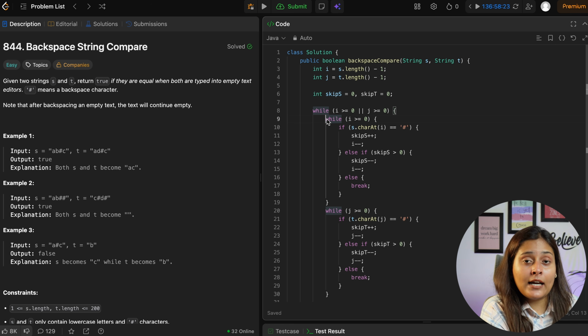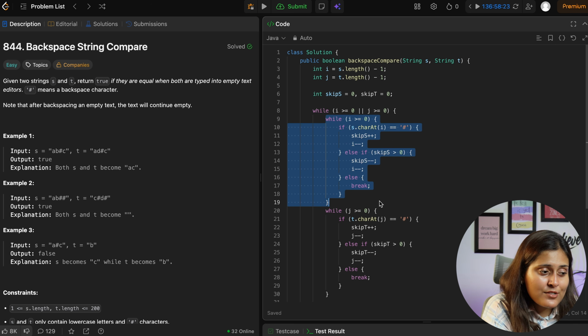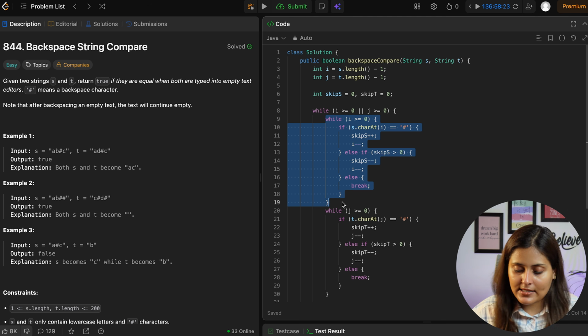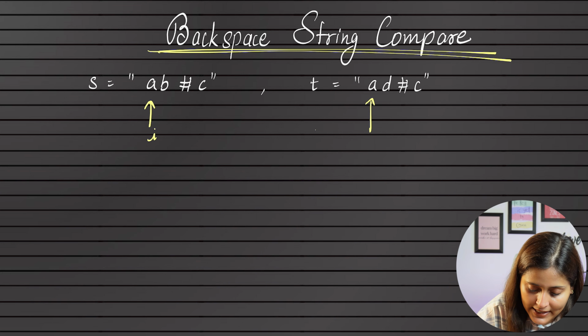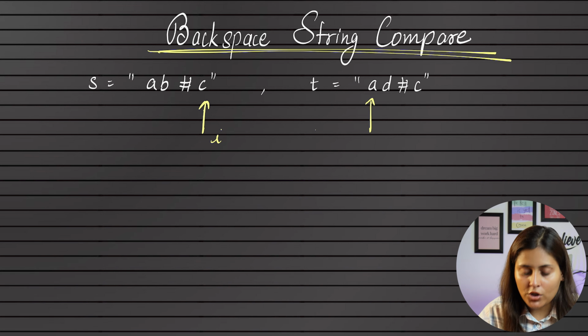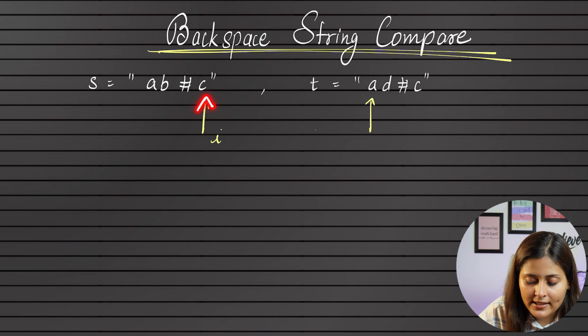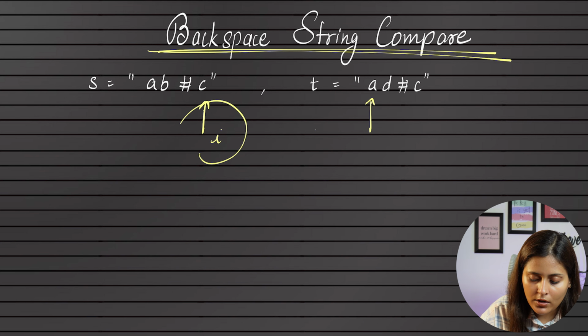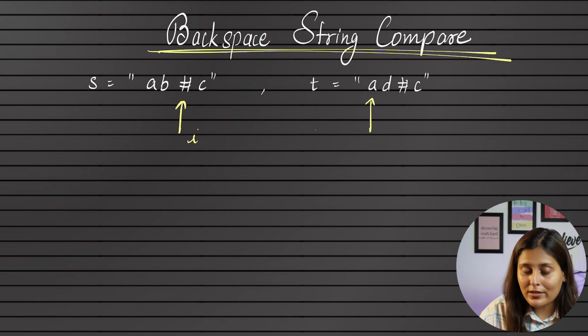We are adding this in another while loop. Why? Because this is just to encounter all such hashtags in S. Means suppose like initially, can I say my I pointer will be here? Yes. So now what I'll do, I'll simply check this ith character is C. Okay. So no matter, we'll simply do I minus minus. Okay. I minus minus. So now we'll point to I. Now here's the catch.